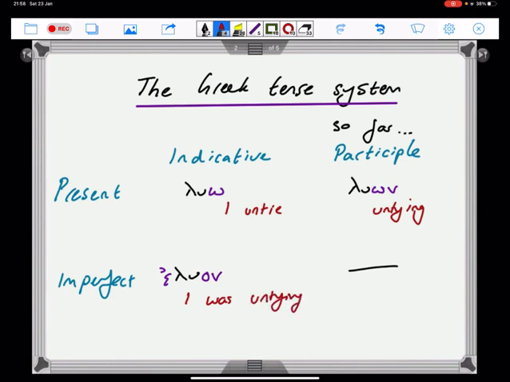And Dobson has characterised all of these as continuous tenses, with all of his dots and dashes to show repeatedness or continuousness.